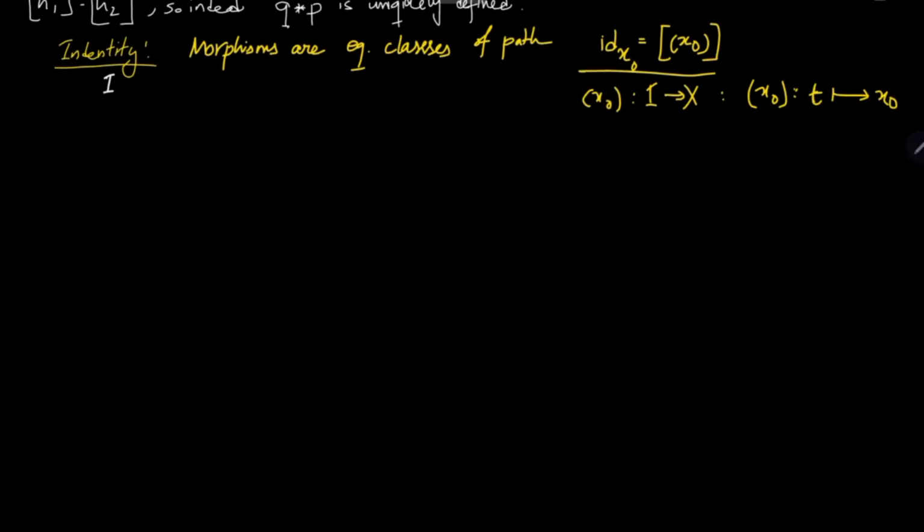So the identity is the class of the constant map. Okay.